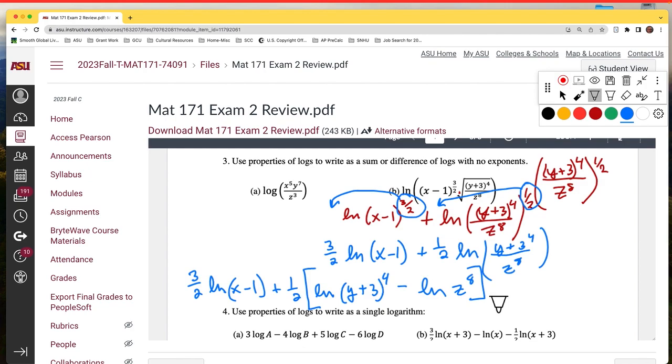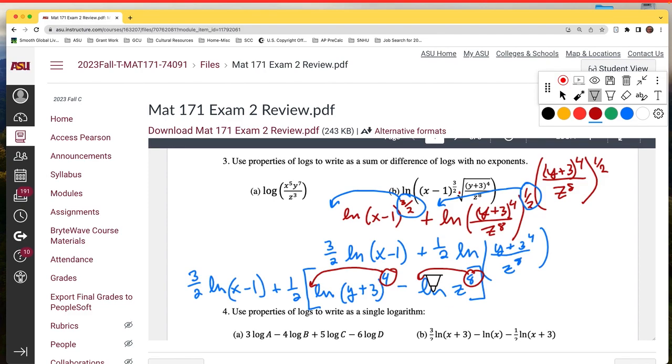What do we have left to do? Those exponents have to come down in front. So now this 4 goes down here. This 8 goes there, and then we're done. So we got this long thing, and you could look at the answers, but it would have those in front.